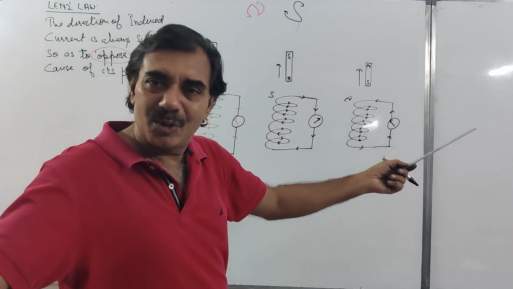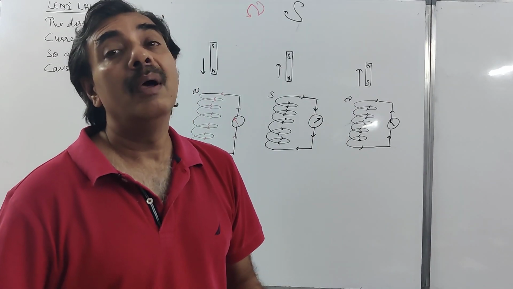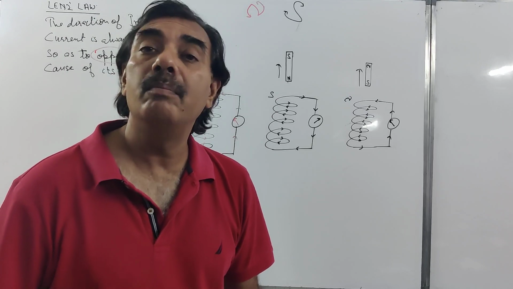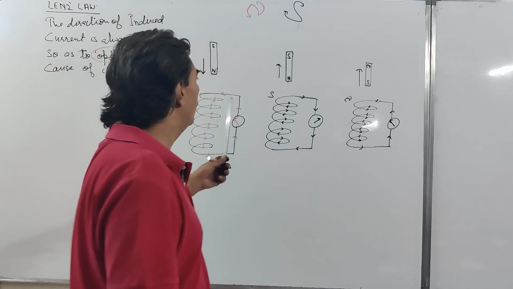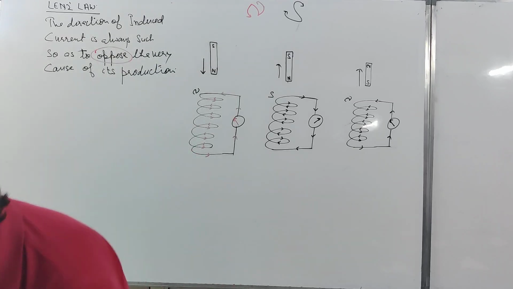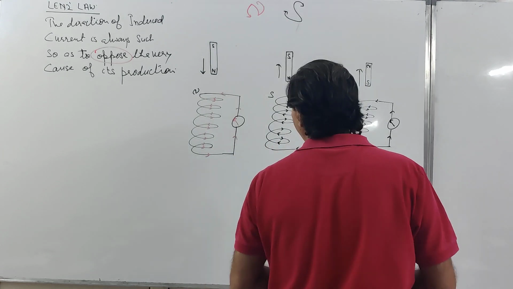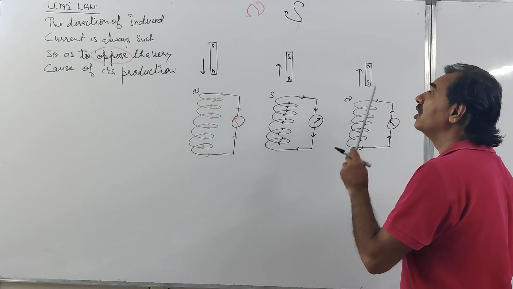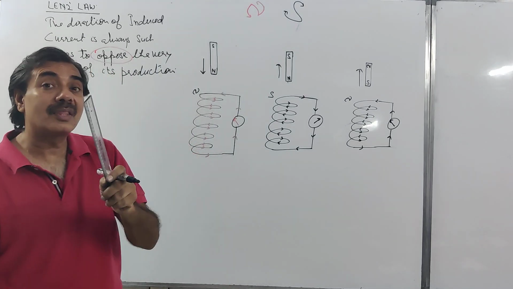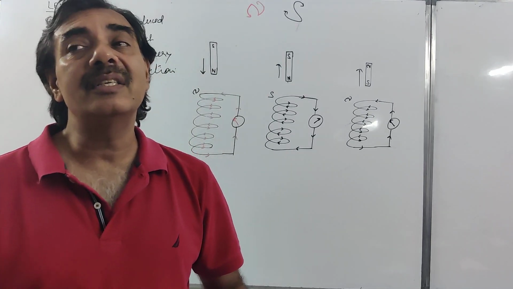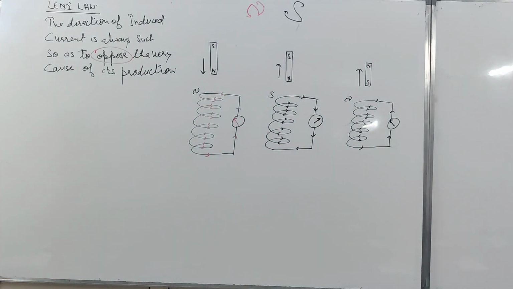Somewhere, you can assume a battery anywhere. Here only the current is shown, only the effect is shown. But if there is an effect, there must be a cause. They will ask such questions too. So Lenz's law says, whenever the magnet is moved towards or away from the coil, an EMF or a current is induced, and the direction of current is given by Lenz's law. It opposes, which is why E equals minus delta phi by delta t is really very important.